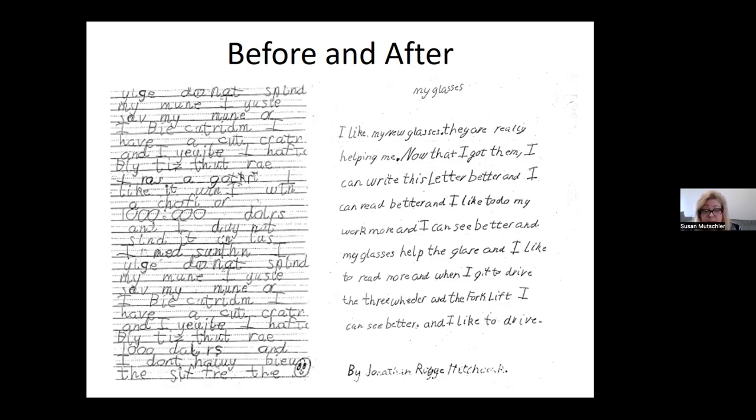So this particular person shows what their writing was like on the left-hand side before they used the glasses, and then on the right-hand side after they had the glasses. They were able to just write better, read better, put their thoughts together better.